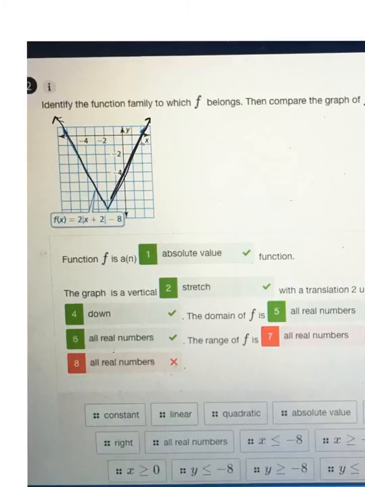So the domain, which is all the values of x that are being used in this graph, are all the way left and right. So we would say all real numbers.